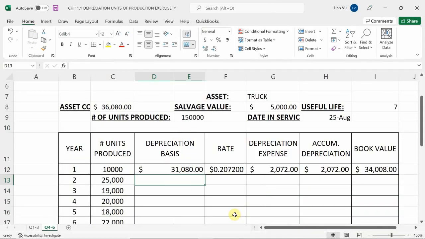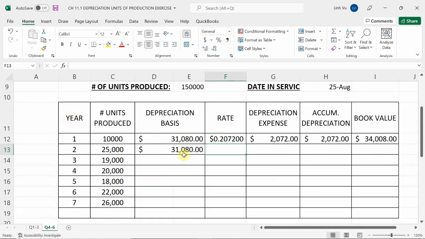That's the depreciation basis, not the cost of the asset. 36,080 minus 5,000. So it'll be 31,080. Oh, so that's going to be the same one. Good. This is going to be the same all the way down.